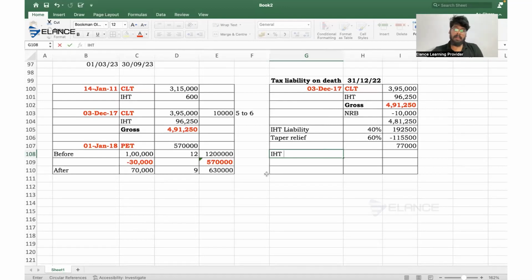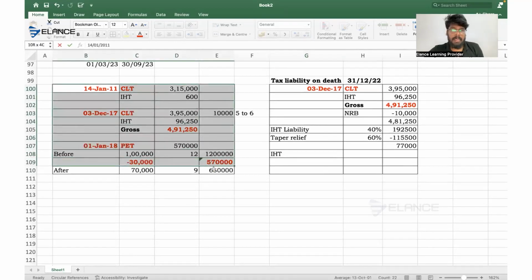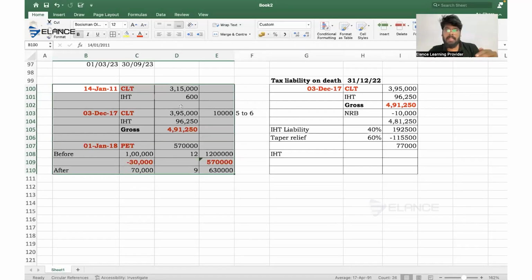Actually, at the time of death of a taxpayer, we are recalculating the computations. Here we made a computation for the lifetime on the left side of the Excel sheet, and at the time of death, all the transfers that happened within 7 years prior to death will be recalculated.